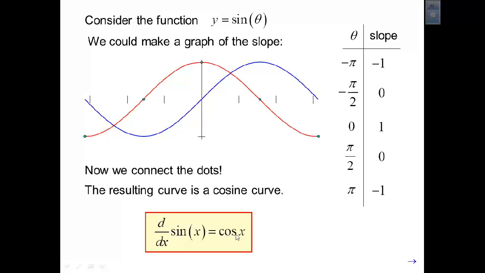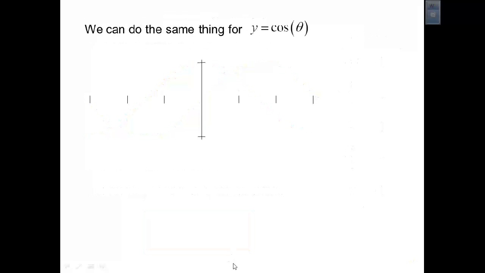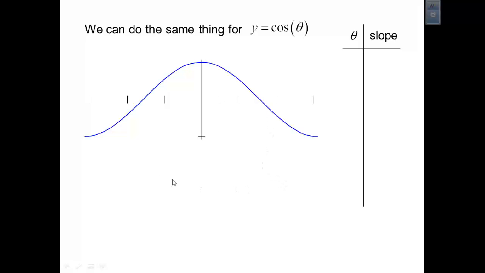All right, let's do the same thing, but this time for cosine. So if we do cosine, we start off with that graph. We're going to go a little quicker through this. We're going to use the exact same points: negative pi over 2, 0, pi over 2, and positive pi. When we do that, we've got a slope of 0 there, so we're going to plot 0.